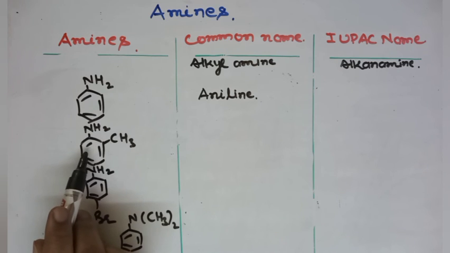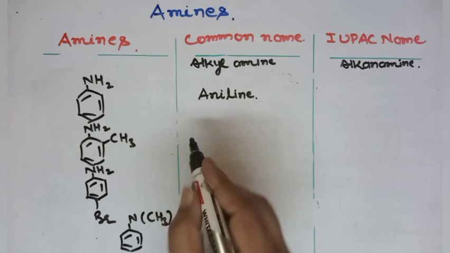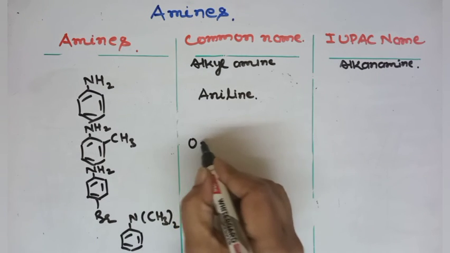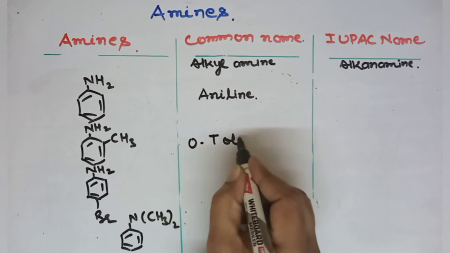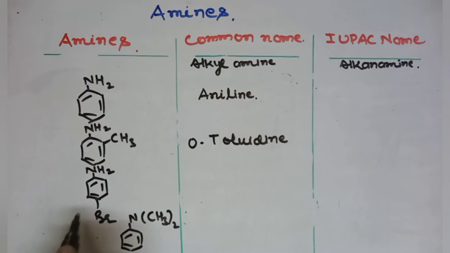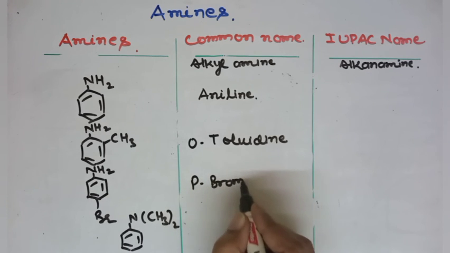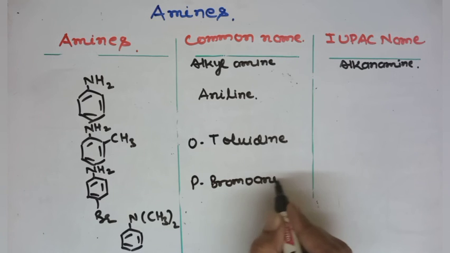If benzene carries a CH3 group, its common name is generally toluene, and it also carries an NH2 group, so its common name is orthotoluidine. Again this one is aniline with bromine at the para position. So this opposite fourth position is called the para position. So its name will be para-bromoaniline.